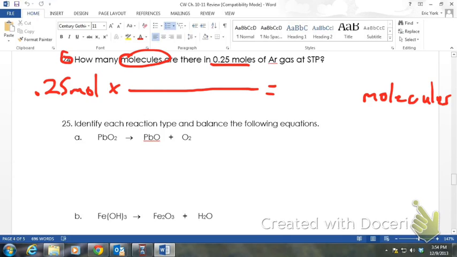So we put molecules on top, and we put moles on bottom. And again, going back to Avogadro's number, we know that 1 mole is equal to 6. I'm just going to leave it at 6 instead of 6.02 times 10 to the 23rd molecules.